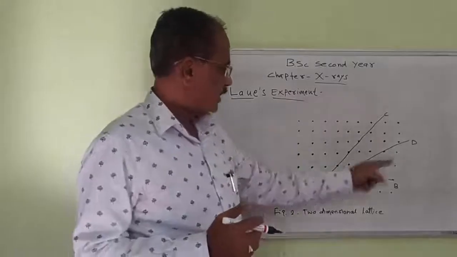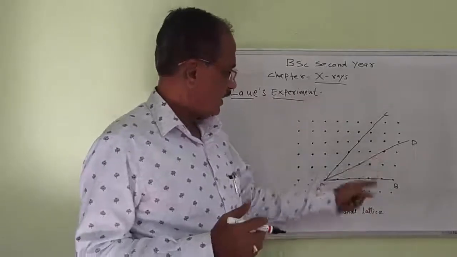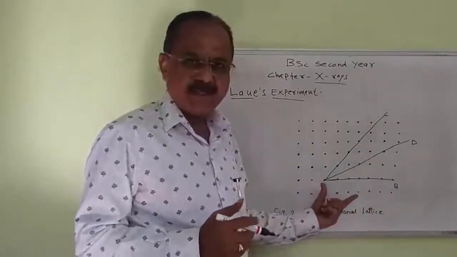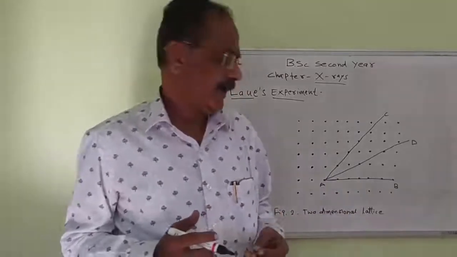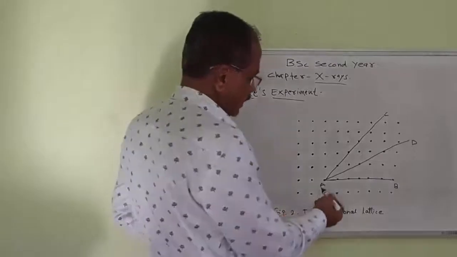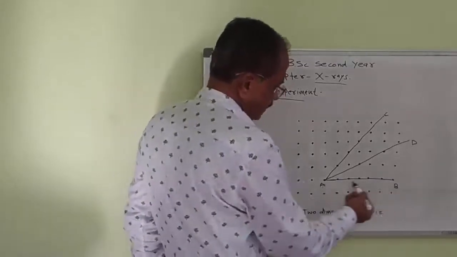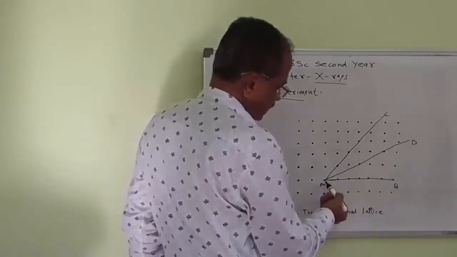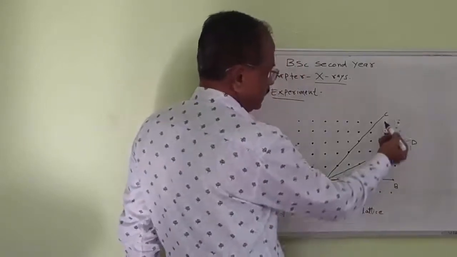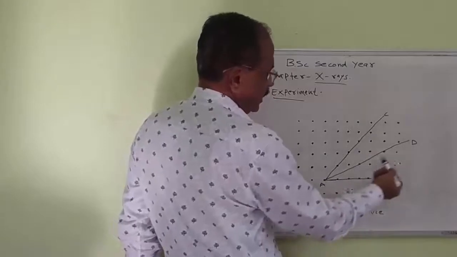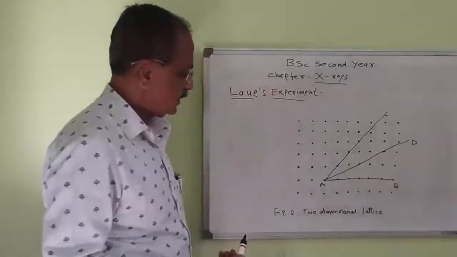From this figure we will study how the intensity changes as the X-rays are incident on the material. Here are three different lines. One is AB, another one is AC, and the third one is AD.